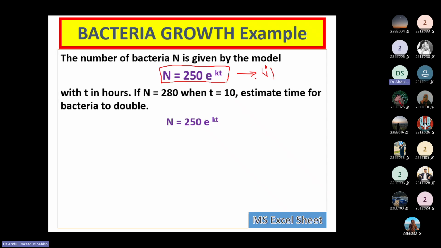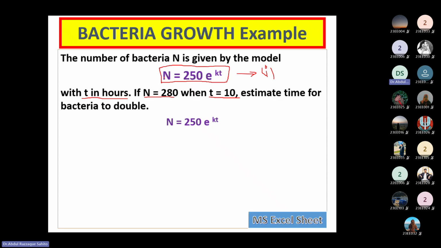Now, considering this equation, we have one initial condition given: after 10 hours, the bacterial population, where 250 is the initial population, is increased to 280. Now it asks us to estimate the time when the bacteria becomes double, that is, N becomes 500.